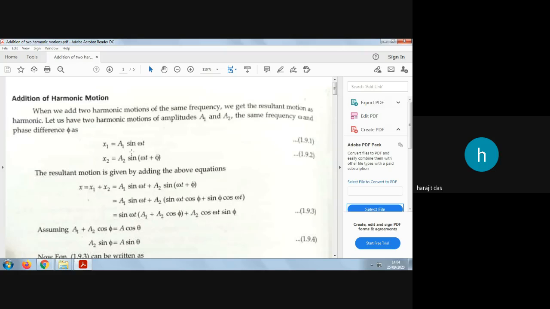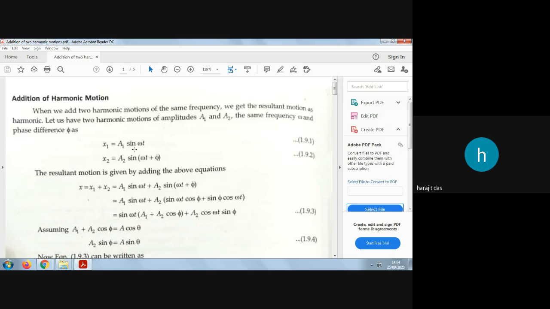Then let us consider the other particle is also in simple harmonic motion, and its equation is x2 equals a2 sine (omega t plus phi). From this equation you can see that the omega term is similar for both equations. So when this type of equations are given to you, after summation of these two equations you will get a resultant simple harmonic motion.